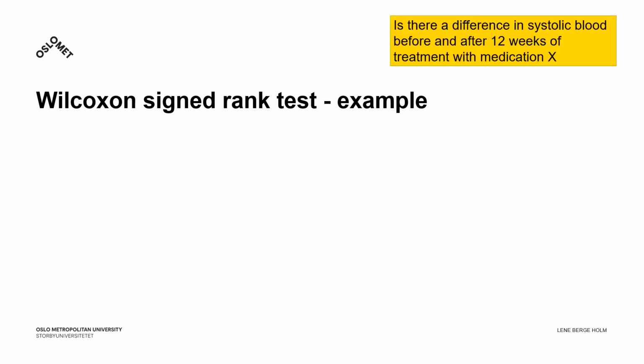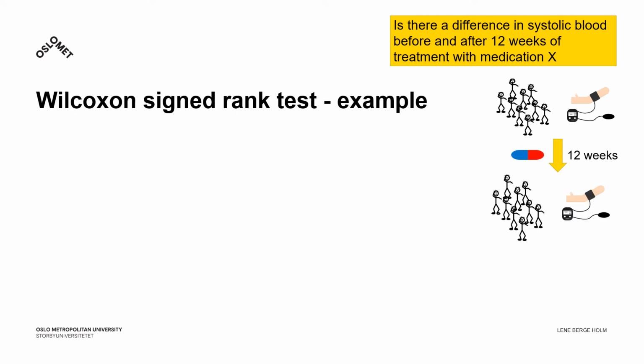So if I have an example here, is there a difference in blood pressure before and after 12 weeks of treatment with medication X? I have used this example previously with the paired t-test, which is the parametric alternative. I have a group of people, I measure the blood pressure, and I give them this medication for 12 weeks, and then I measure the blood pressure again on the same group of people.